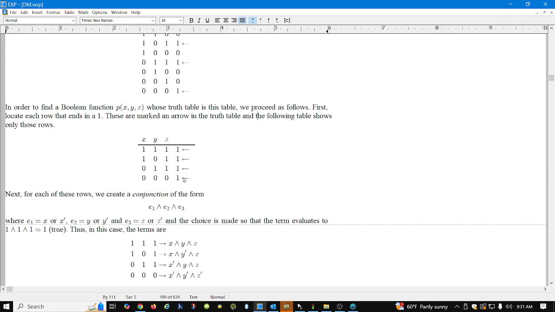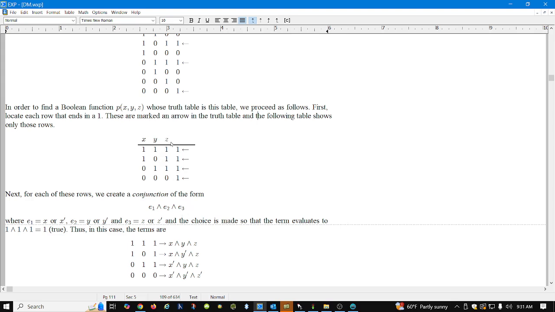For each of these rows, we create a conjunction with 3 variables because there are 3 statement variables here, x, y, and z. And E1 will be either x or x prime. Similarly, E2 will be either y or y prime.